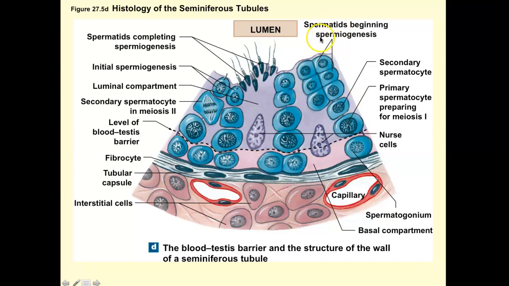And then the spermatids will undergo spermiogenesis to change morphology, and that word morphology means shape, into the sperm. So meiosis takes care of the genetic side, having the chromosome number and also creating diversity. And then spermiogenesis takes care of the morphology change. So at the lumen of a seminiferous tubule, you're going to find your spermatozoa. This is showing you that they're completing spermiogenesis, so they're becoming spermatozoa here.